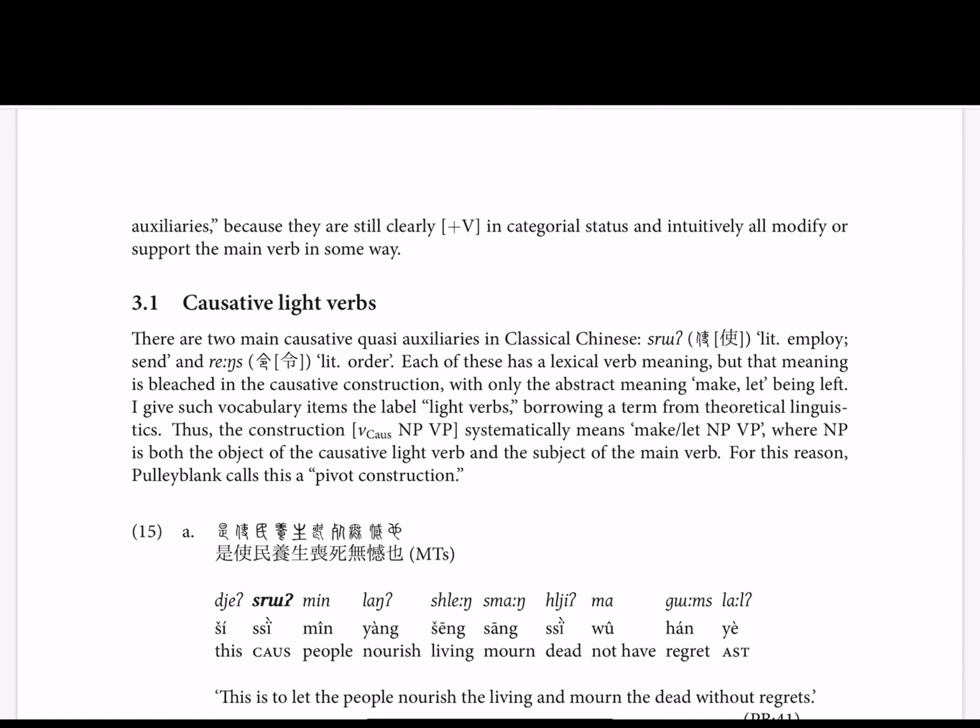There are two main causative-like verbs in classical Chinese, sru and rings. Sru literally means to employ or to send, and rings literally means to order. But as causative-like verbs, they both mean to make or let. So the construction sru or rings plus a nominal phrase plus a verb phrase means make somebody do something.